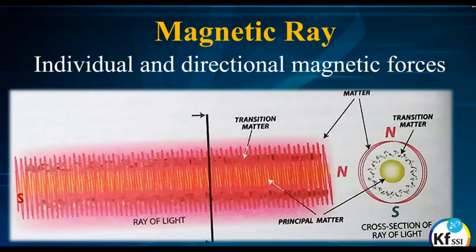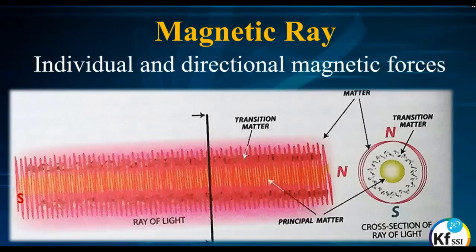What they can be are essentially the individual and directional magnetic forces. So if we have a look at what this ray is, in the center, we call it the principal matter, or the very principal field, and around that is the transition, and then you get the matter on the outside. So it's composed of three different sort of field strengths, and it's in an elongated form.